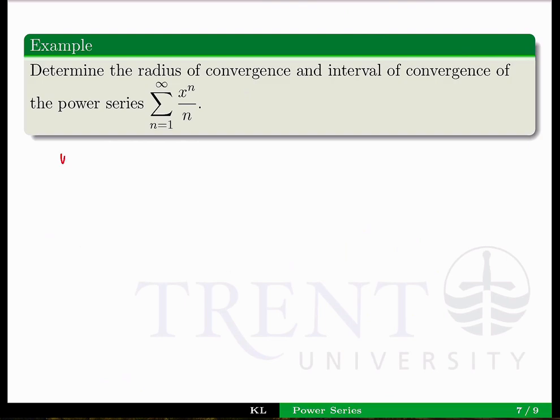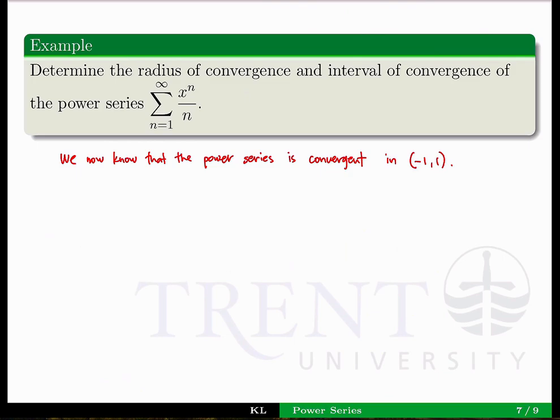So we now know that the power series is convergent in the interval -1 to 1.